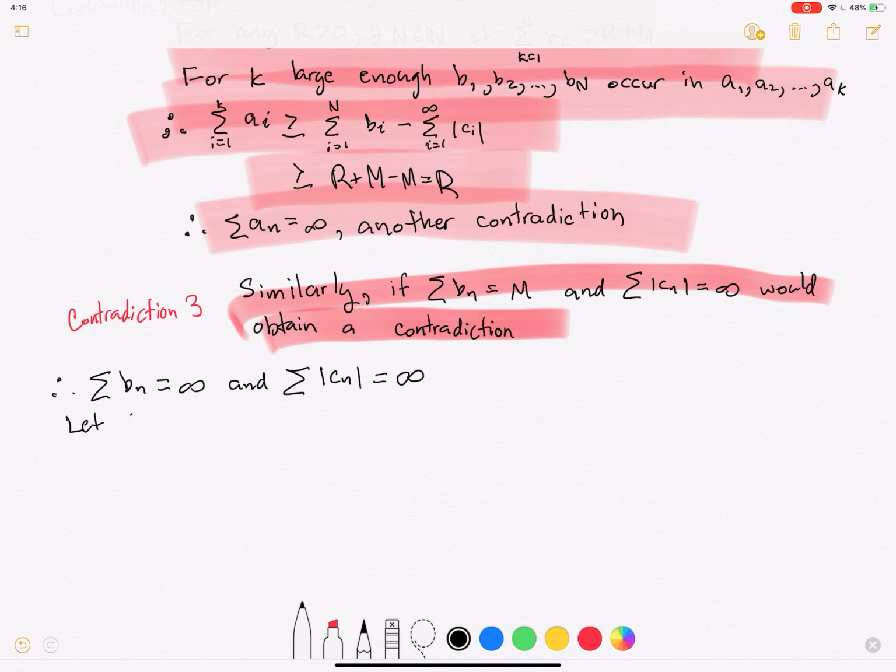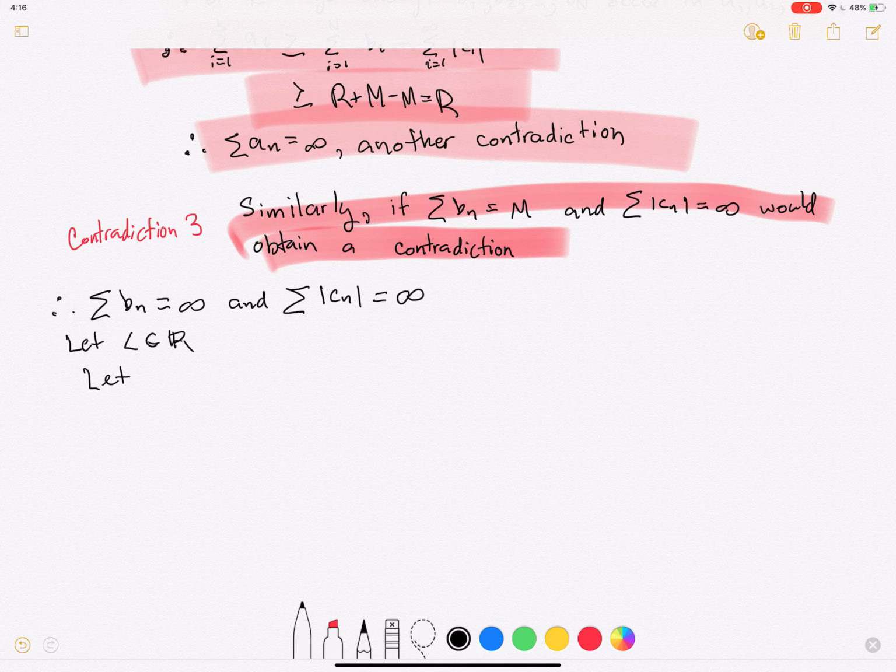Now let L be in the reals. Let M1 be the least integer such that B1 plus all the way to B_M1 is greater than L, and N1 be the least index such that B1 through B_M1 minus C1 and so on.